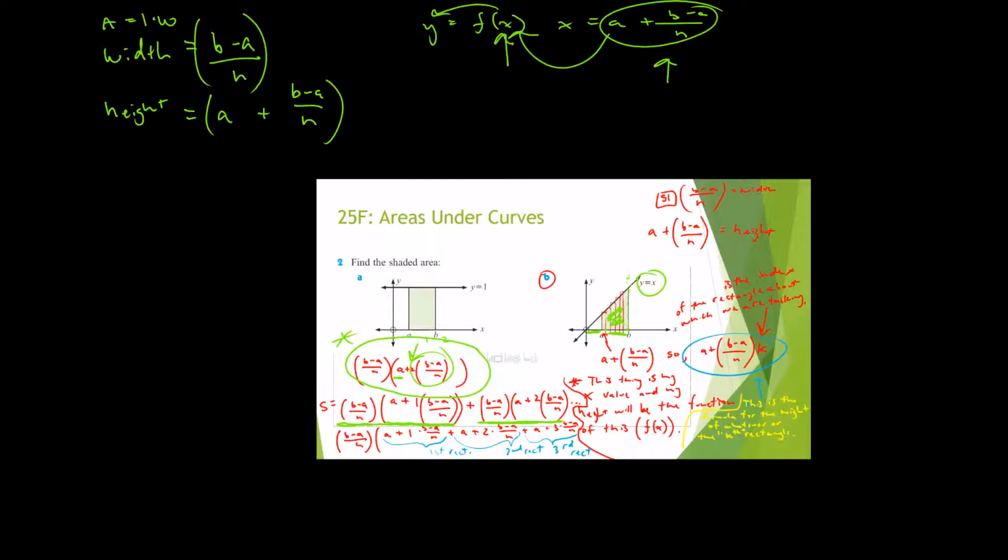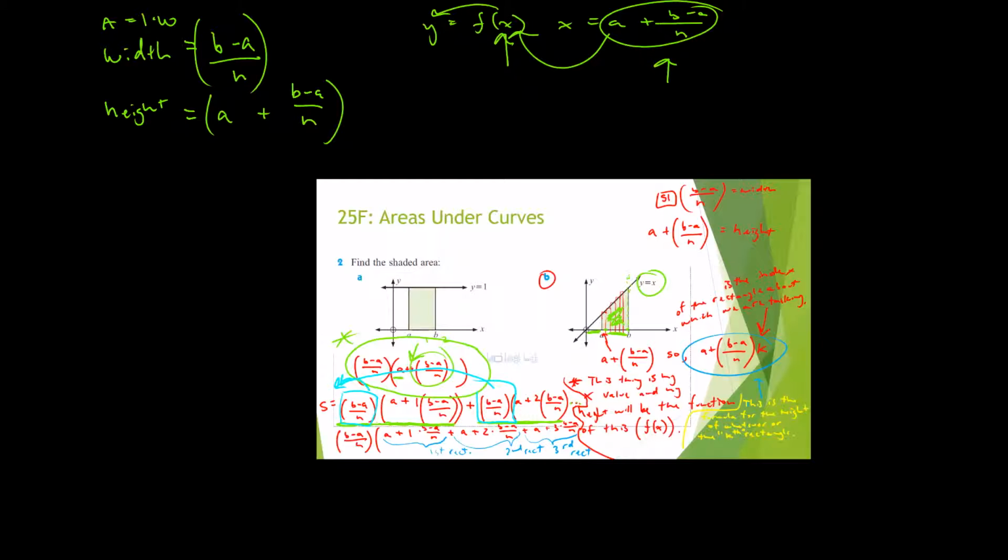If you notice, as I add those up infinitely, all of these have something in common. They all have (b minus a) over n in common, and they would continue. So what I'm going to do is take this (b minus a) over n and factor it out. So I'm going to pull it out of all of these.